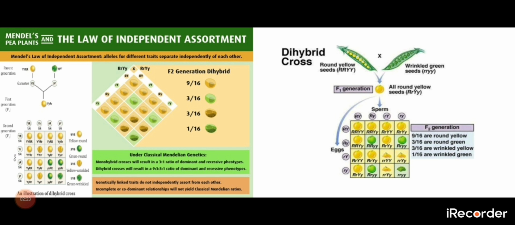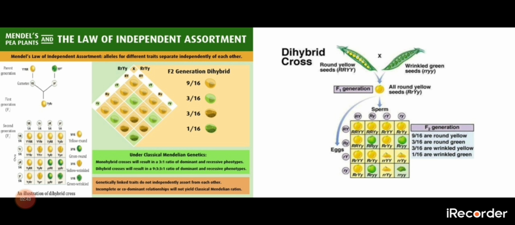All of the F1 offspring showed only the dominant trait for both traits. All hybrids were capital R, small r, capital Y, small y. Then the F1 seeds were yellow and round.